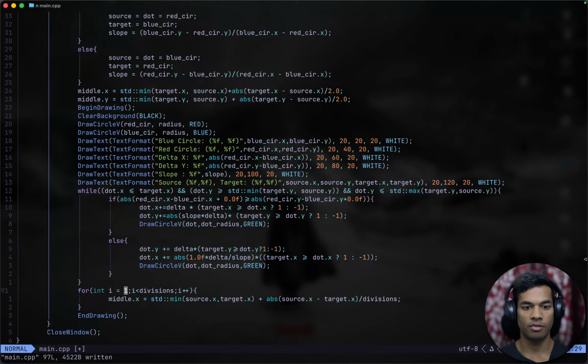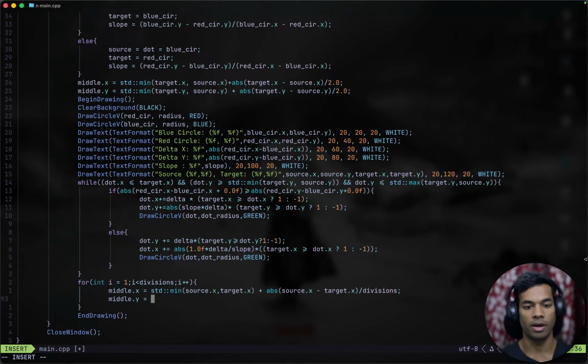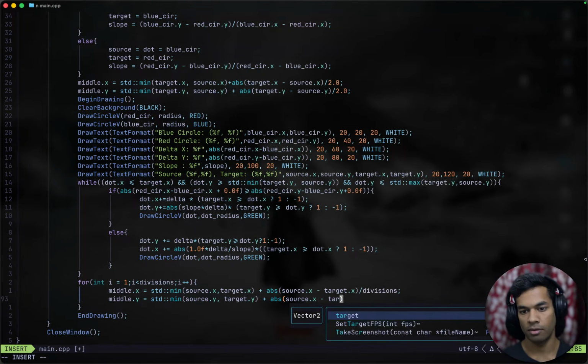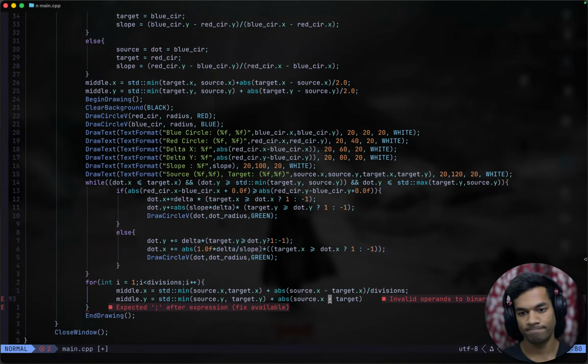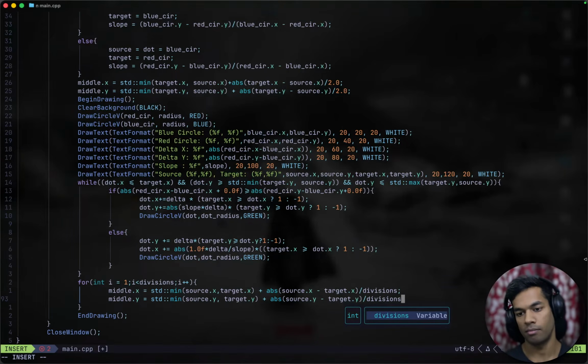And we can start this at 1. Yes, we can start this at 1. That would be nice. And middle dot y equals the minimum of source dot y comma target dot y plus the absolute difference of source dot y minus target dot y divided by division.